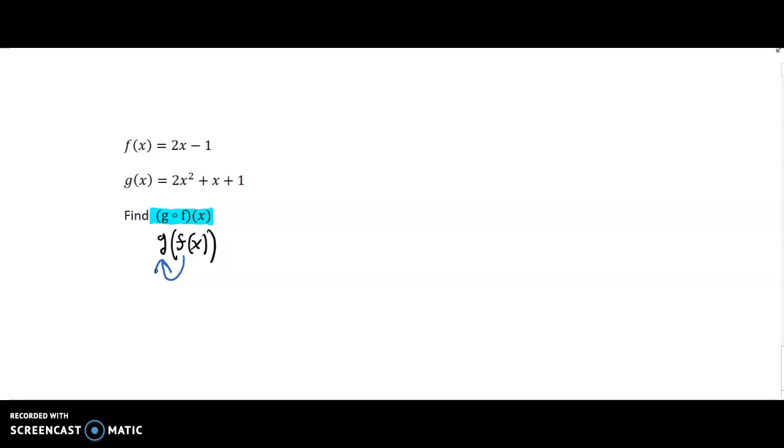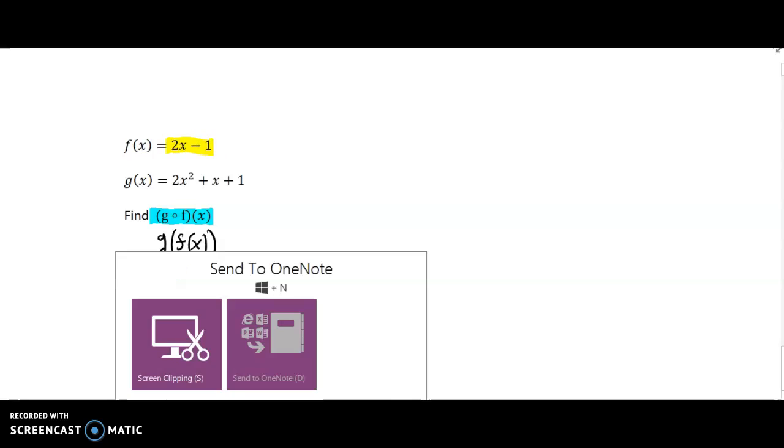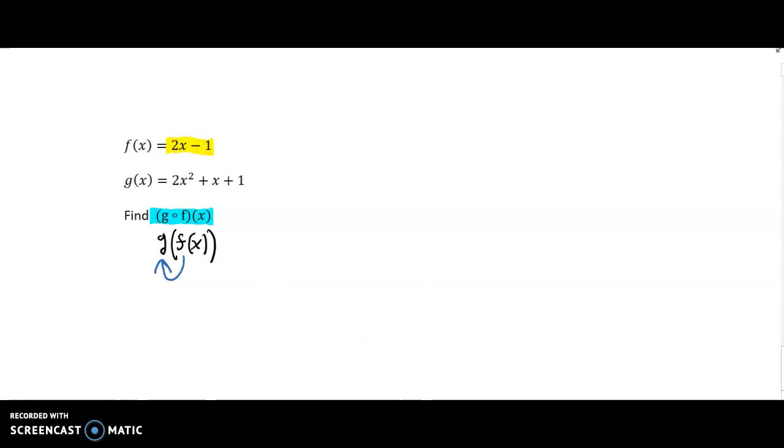So in g, wherever we see an x, we're going to put all of f of x. So I've got 2 instead of x squared, I have 2x minus 1 squared, plus, instead of x, I have 2x minus 1, and then the plus 1 stays the same.